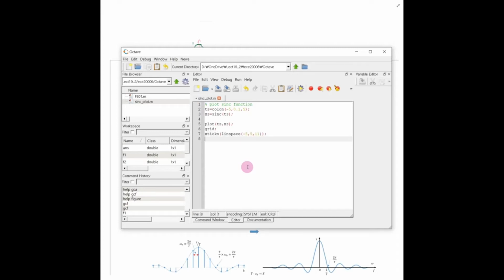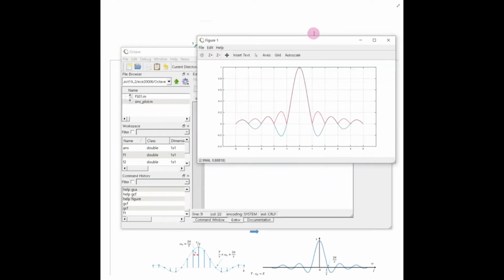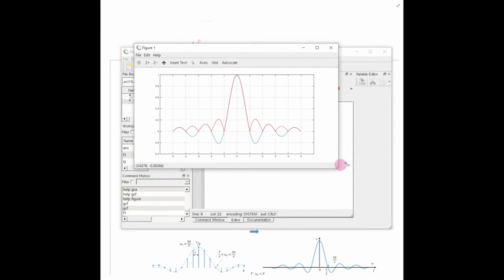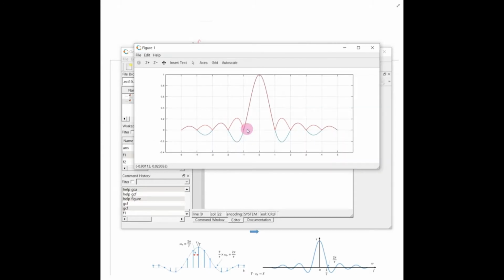I plotted the sinc function, but what if I plot the absolute value of the XS series in the color red? Then look at here. I overplotted the absolute value of that. You can see that this is a positive area, but this one is negative, so taking the absolute value, it looks like that.